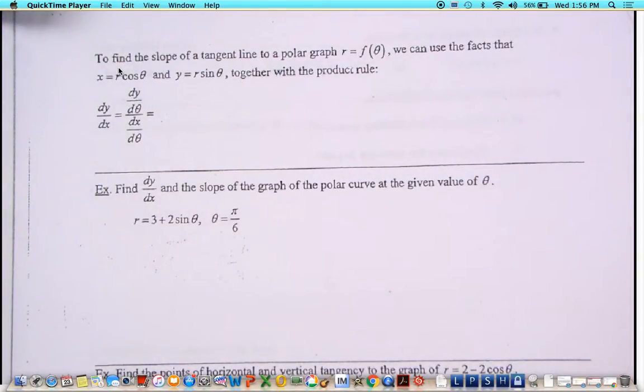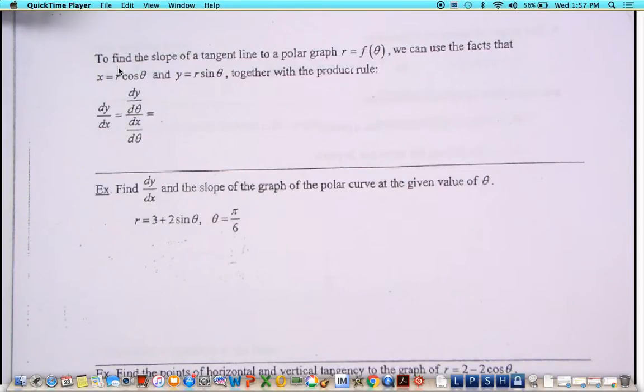So if I need the slope of a tangent line to a polar graph, I get to use the fact that x is equal to r cosine theta and y equals r sine theta to come up with dy dx is equal to dy d theta over dx d theta. Right? Makes sense.